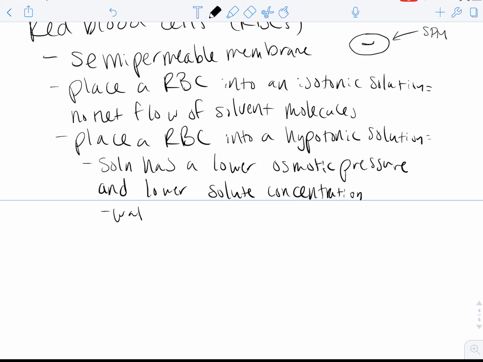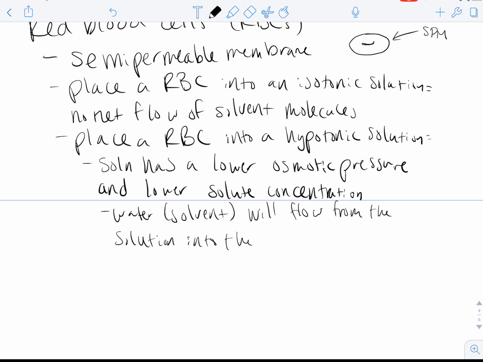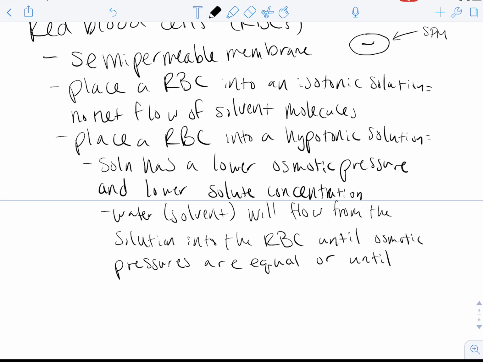So the water, or the solvent, will flow from the solution into the red blood cell until osmotic pressures are equal, or until the red blood cell bursts, called hemolysis.